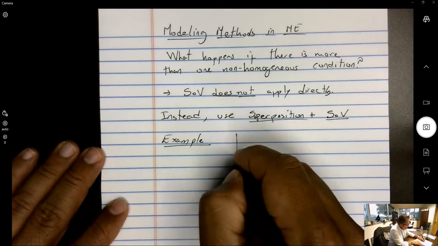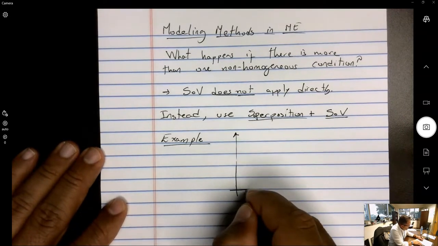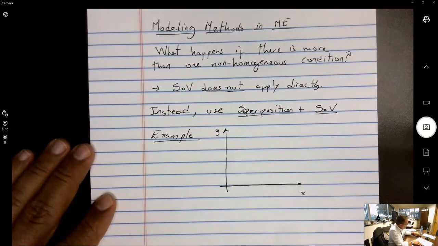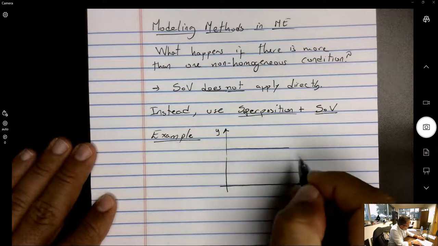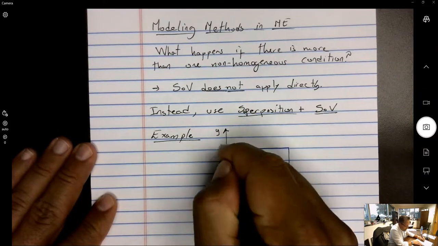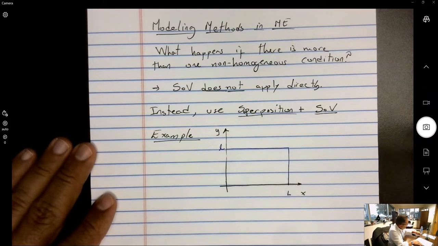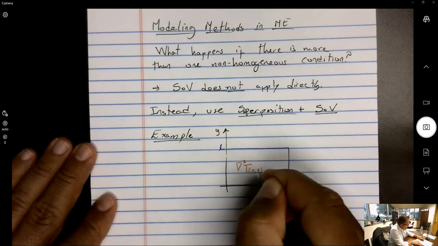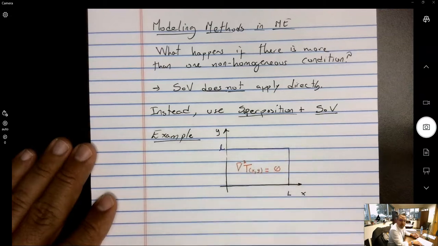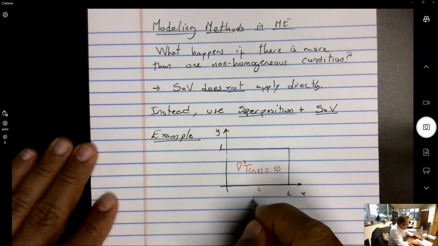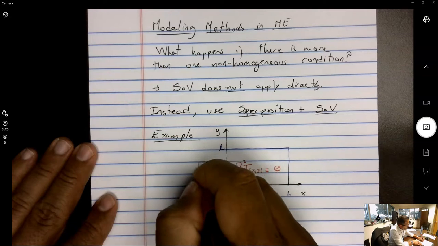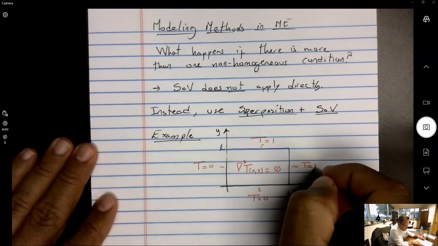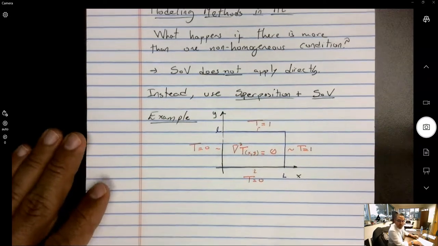So let's say that, for example, we have a problem like this. x and y, and the problem is a rectangle that is size L by L, and internally we are solving for the equation of Laplace of T equals 0, where T is a function of x and y only. Let's say that on this wall we have T equals 0, on this wall we have T equals 0. On this wall we have T equal 1, and on this wall we have T equal 1. So we have two non-homogeneous conditions.